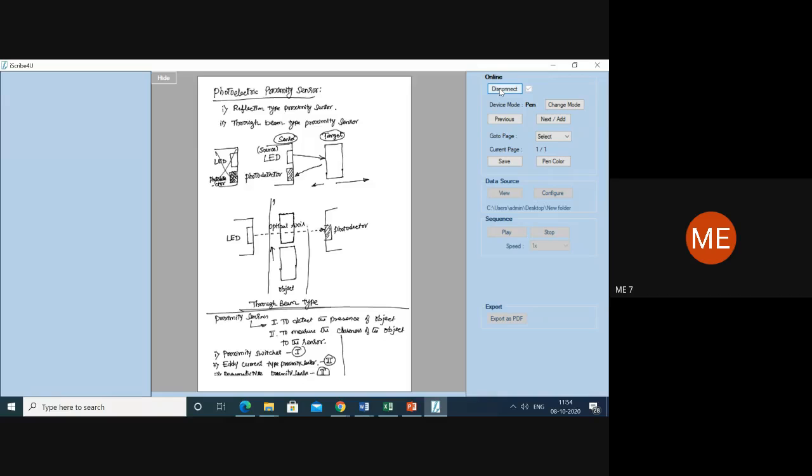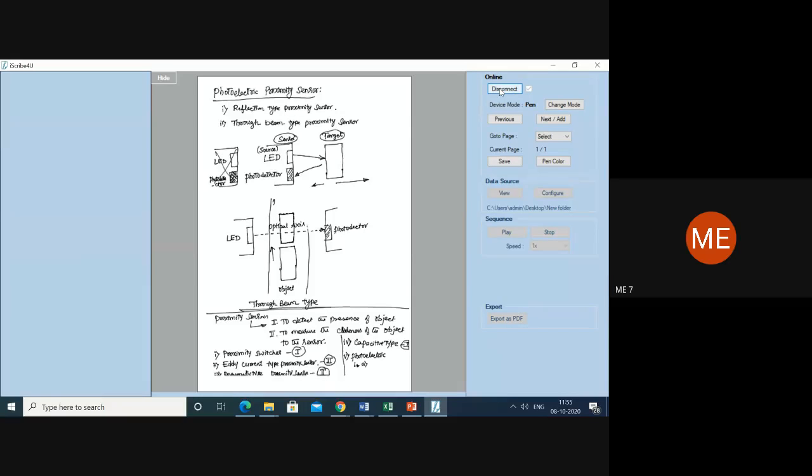What was the fourth one? Capacitive type. Again, this is also used to measure the distance. The fifth one was the photoelectric type proximity sensor. Under photoelectric, there were two things.